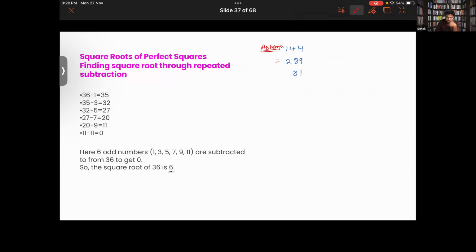First one Arham, second one Arhan. Sir, can we send the pic to your WhatsApp number? You can send the photo of the question as well as the solution.